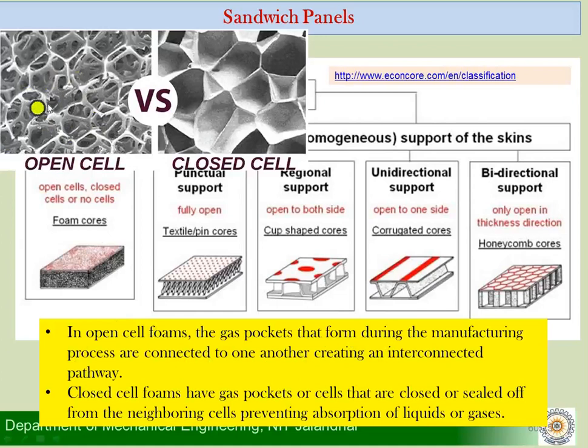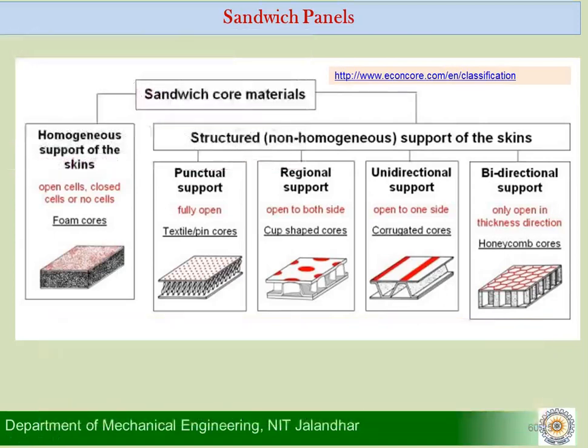In a closed cell foam, the gas pockets are closed or sealed off from the neighboring cells. They are sealed off from each other, and that is why we call them closed cell foams.